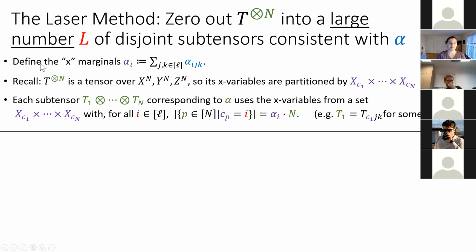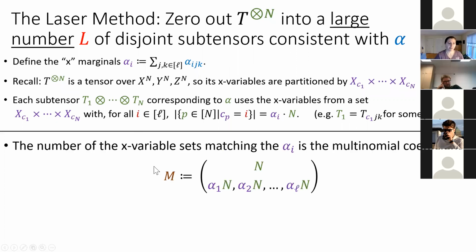So here we go. We define the X marginals like this, as I said. This is what I just said earlier. So the variables are partitioned by basically these blocks over here. All right. And so I want to talk about how many possible terms in a direct sum you could possibly have. So let's pick the marginals, alpha sub 1 up to alpha sub L. The total number of variable sets that match these marginals is this multinomial coefficient.